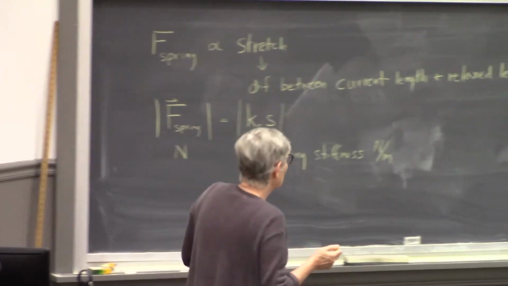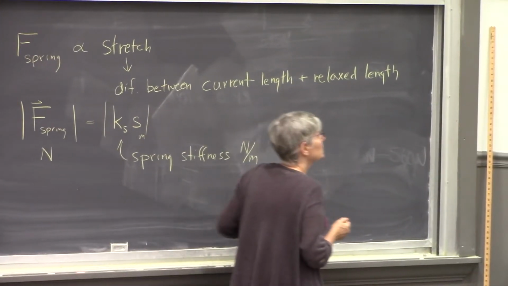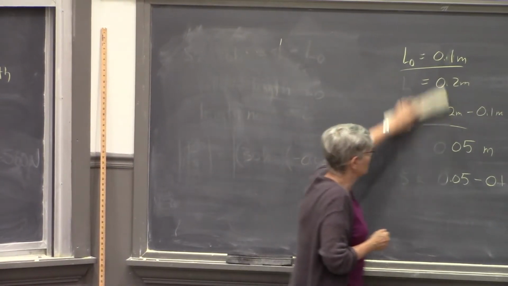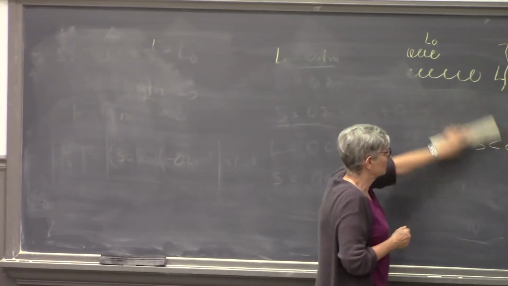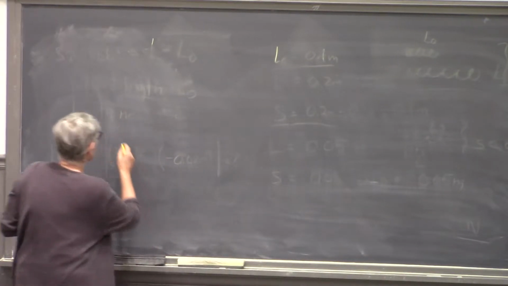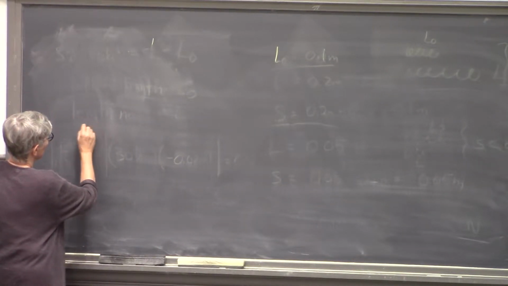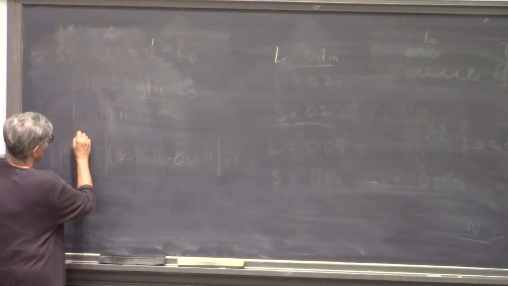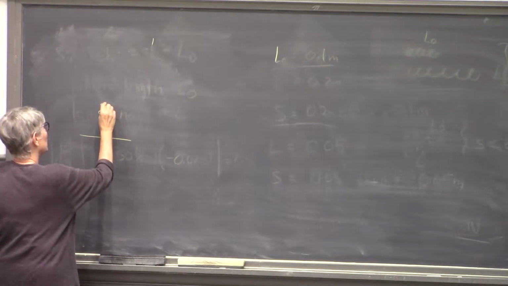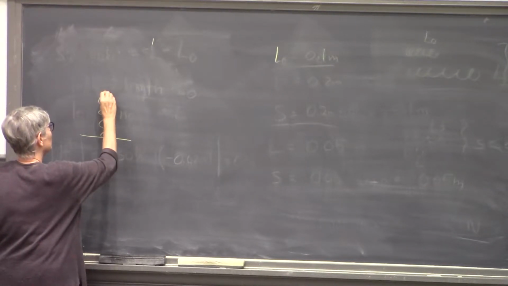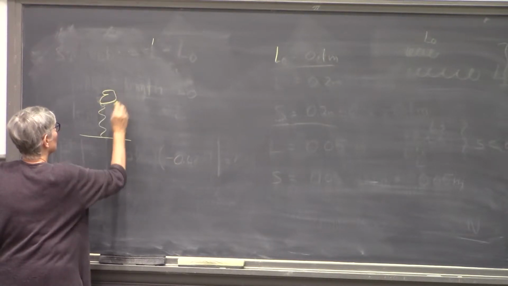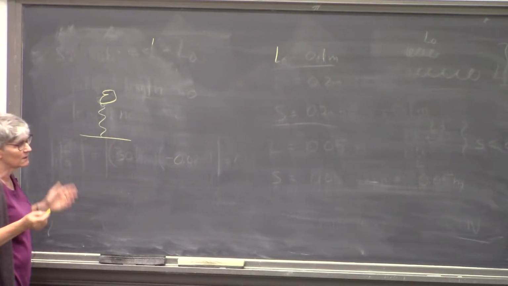But we need to write the force as a vector because the direction of the force, it's always going to be along the length of the spring, but where the spring goes might be a problem. So if we have a spring that's sitting vertically and we push down on it, so here's our hand, that's our hand in a mitten.